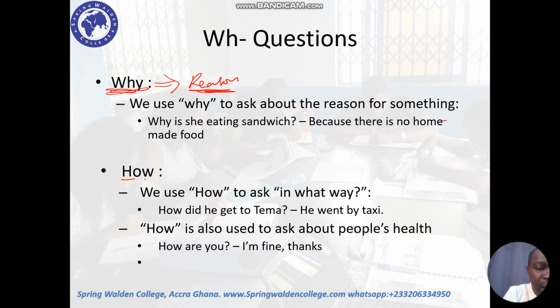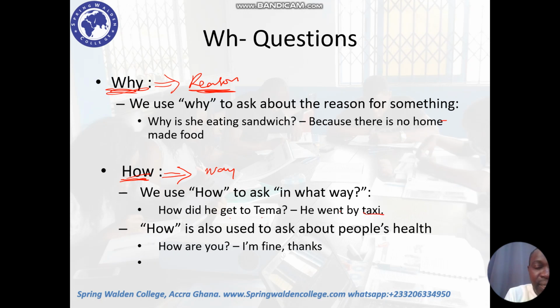Then how is used if you want to know the way something is done, in what way. The way something is done, the procedure, the process, how the thing is done. So how did he get to Tema? He got there by taxi.